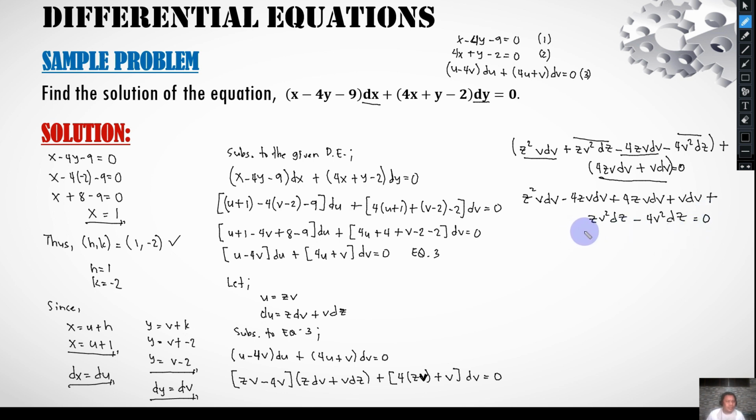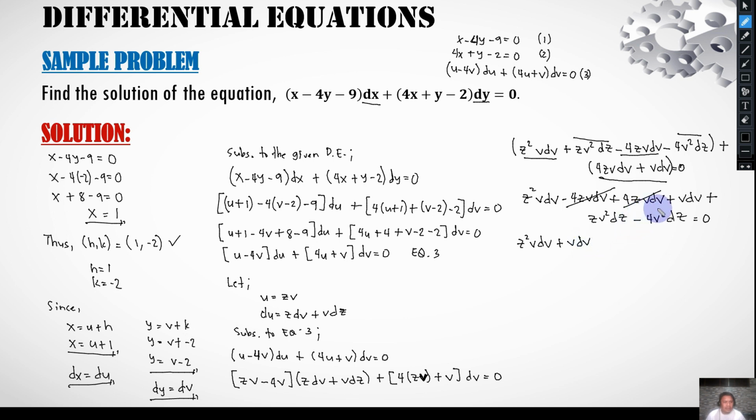So, as you can see, students, dito, with regards to v dv, z squared na, siya lang mag-isa. So, we can rewrite it here, z squared v dv. Saka itong 4zb dv, meron man ito isa 4zb dv. So, magka-cancel out siya, ang natitira is ito na lang v dv, plus v dv.